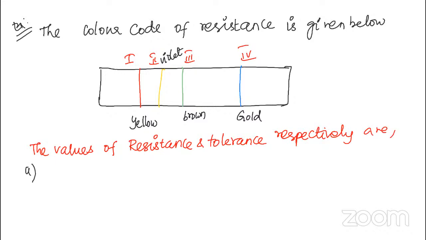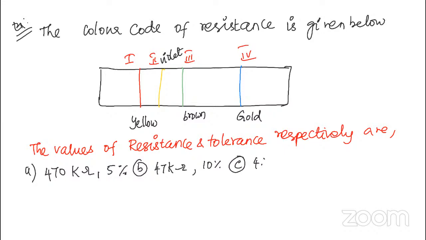First option, it is 470 kilo ohms, 5%, and B, it is 47 kilo ohms, 10%, and C, it is 4.7 kilo ohm, 5%, and for D, it is 470 ohms, 5%.